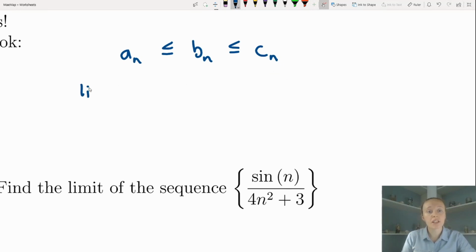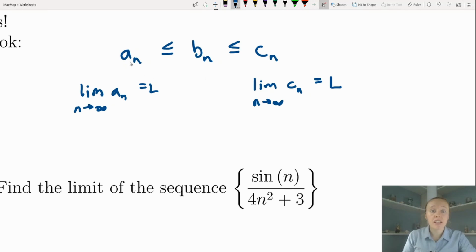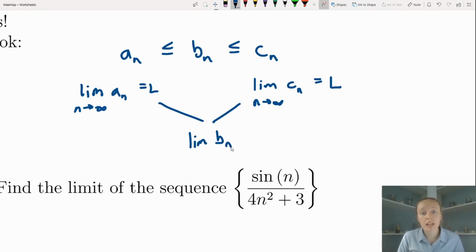So let's say that the limit of a sub n as n approaches infinity equals L, and let's also say that the limit of c sub n as n approaches infinity equals L. Well, because a sub n approaches L and c sub n approaches some finite number L, that means that because of both of those, the limit of b sub n as n approaches infinity also equals L. And the squeeze theorem is as it says, where this function is being squeezed in between two functions that we know what's happening to them as n increases.